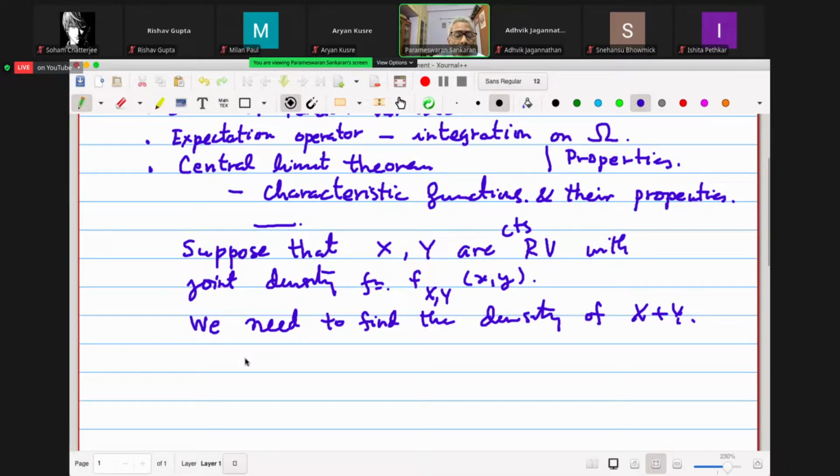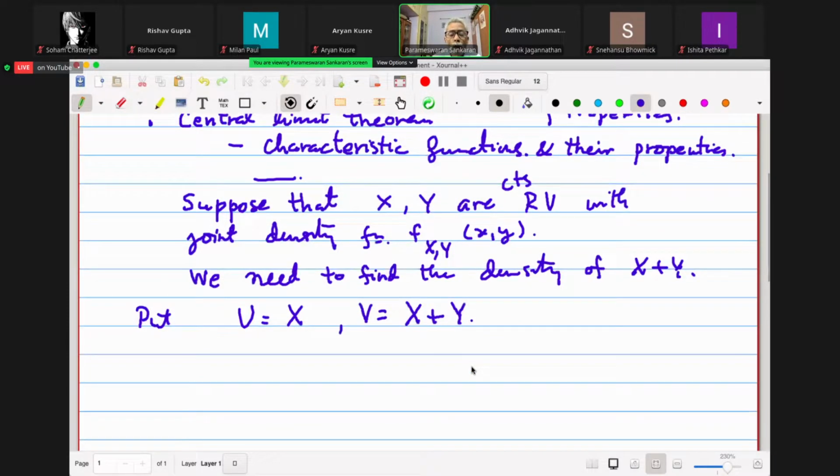So you just set u is equal to x, and v is equal to x plus y, and then you know how to find the joint density function f_{UV}, or f(u, v).